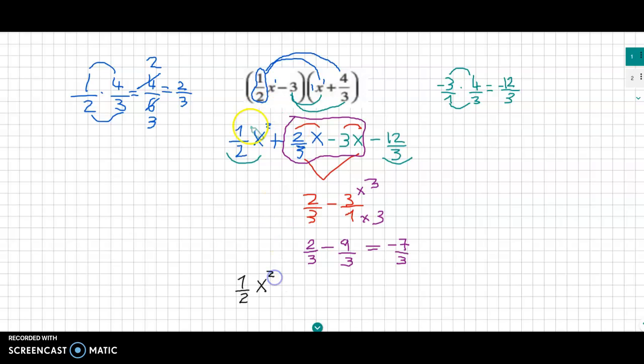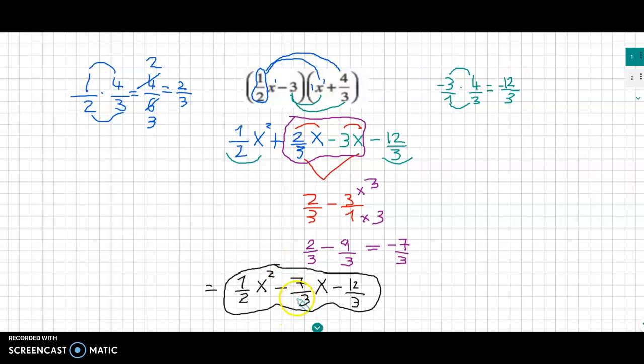And the second term, after combining these like terms, will be minus 7 over 3 and the variable x, because they have the same variable x. And finally, we have minus 12 over 3. Okay, so guys, we don't have any other like terms here in this expression. So this is our final answer. This is the final trinomial that we already get.